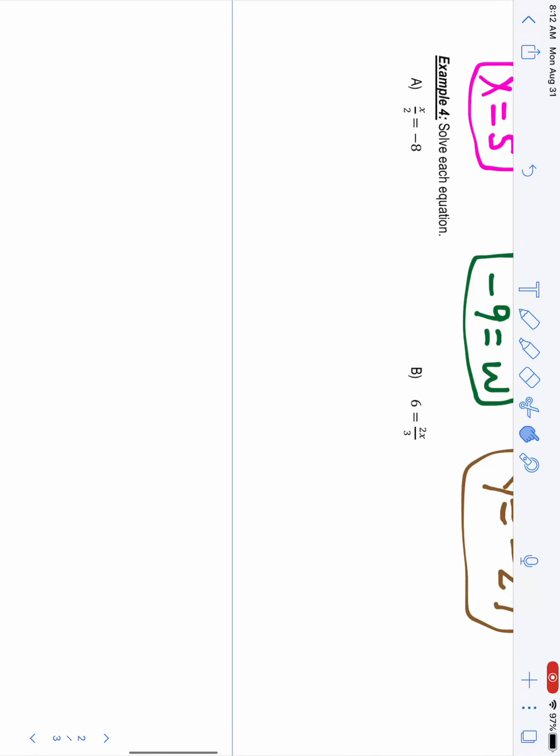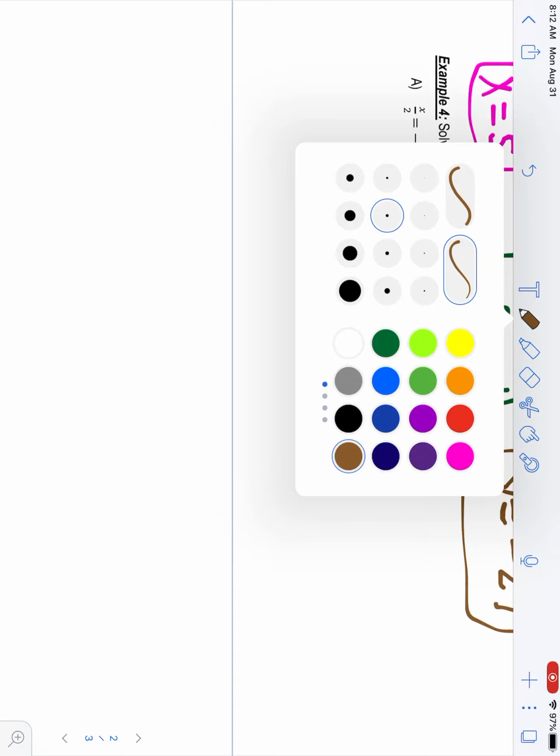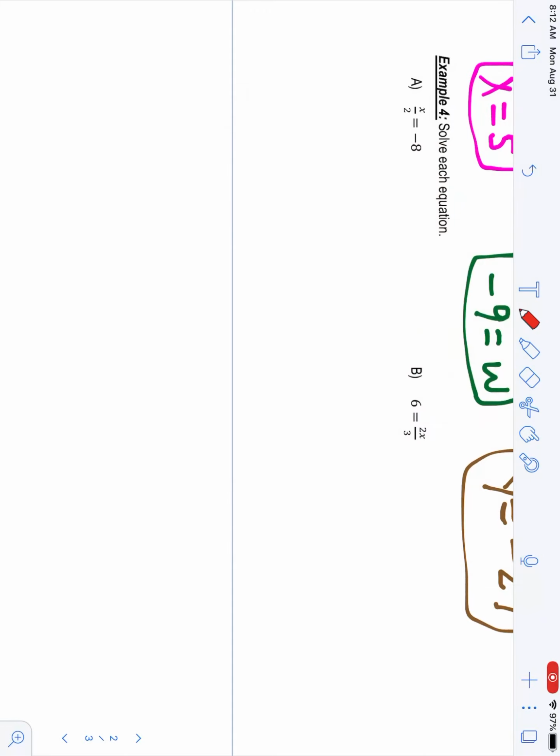All right, let's look at our last two. Again, x divided by 2 equals negative 8, so to move this, we want to multiply both sides by 2. They cancel here, so x equals negative 8 times 2, which is negative 16.